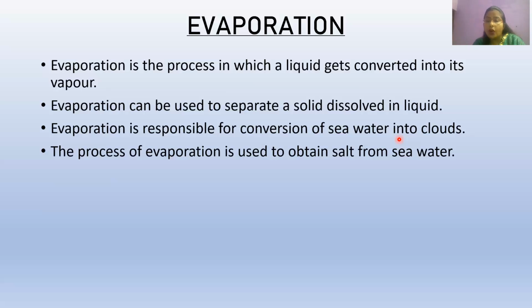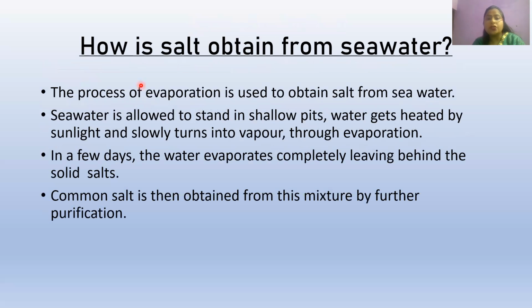So to get the salt from seawater or oceanic water, what will we use? We will use the evaporation method. Now the question arises, how is the salt obtained from seawater? The first question is clear, which method will we use? We will use evaporation.